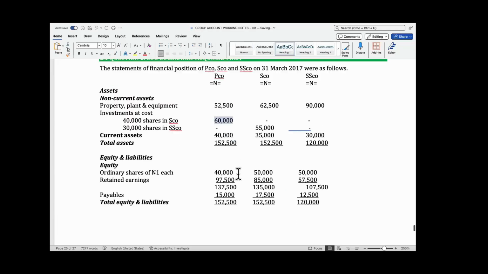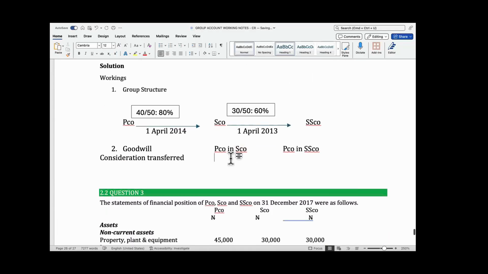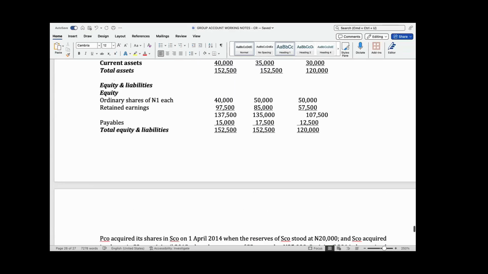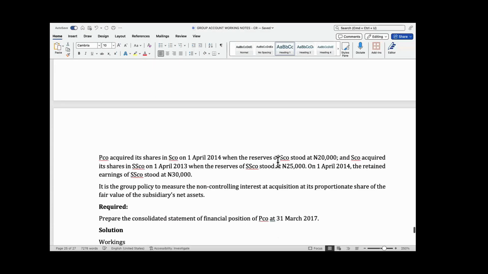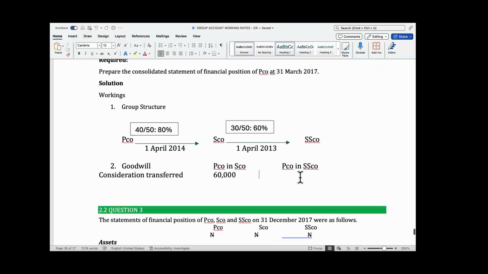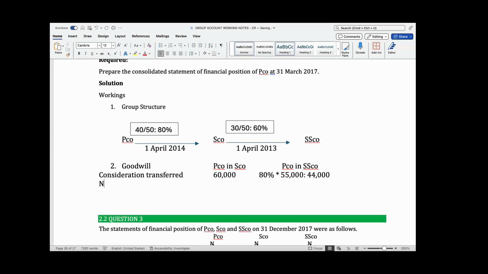It paid 60,000. What did PICO pay in SSCO? 55,000. Okay, ESCO paid 55,000 for SSCO, but the parent would incur 80% of that, which you already identified as 44,000.